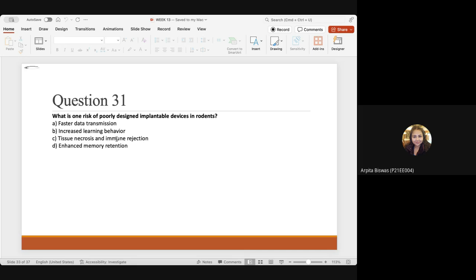Tissue necrosis and immune rejection. Okay, you can cross check the answer.